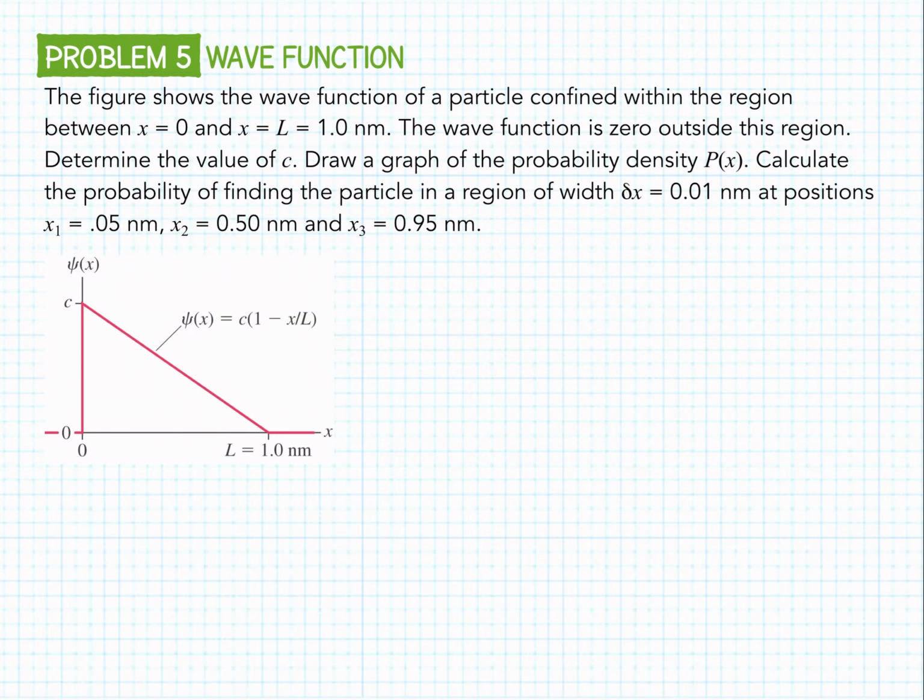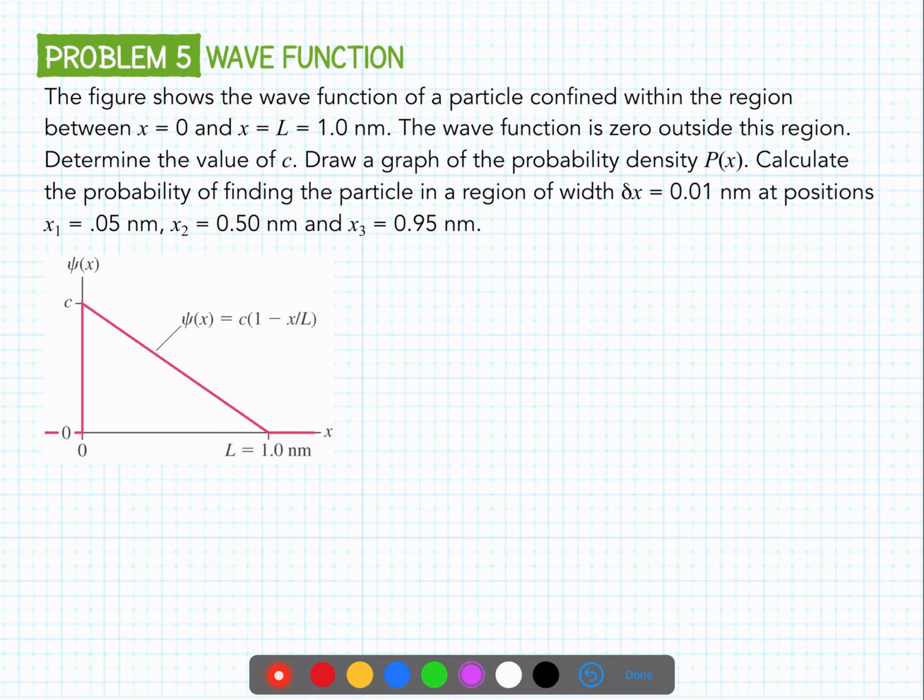We know the wave function is 0 outside this region, and we want to determine the value of C. Then we want to graph this probability density. To graph the probability density, we're going to need to square this function. But to start out, to calculate the probabilities, we have to start by normalizing this wave function. And normalizing the wave function always looks like this.